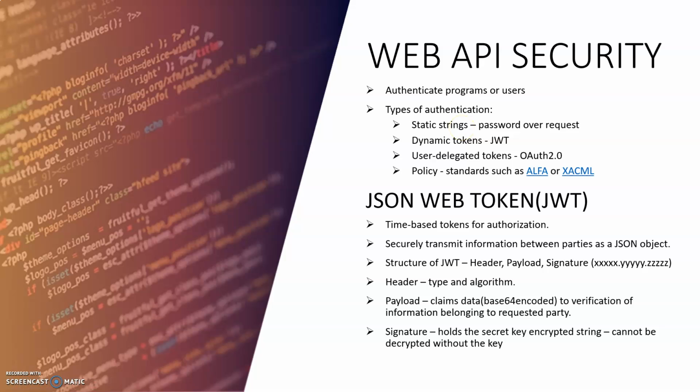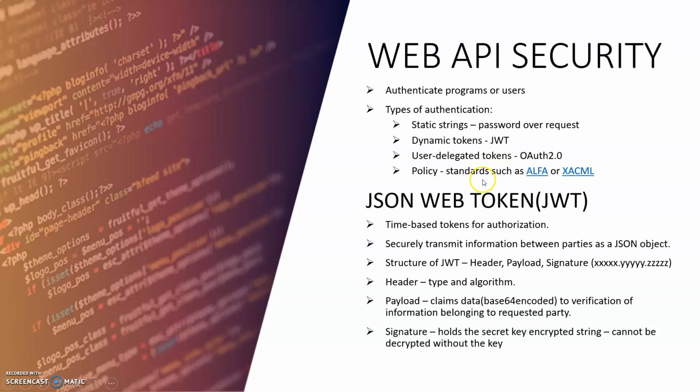Some include dynamic tokens, just like the JSON Web Token, where these tokens are time-based tokens for authenticating services. User delegated tokens, basically these tokens are granted based on users authentication, something like OAuth 2.0 does, where the tokens are sent from an authentication server.